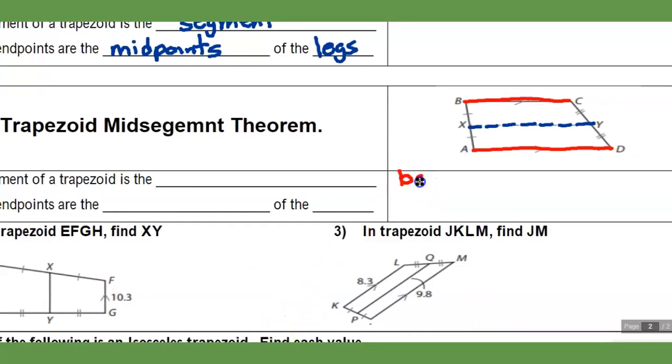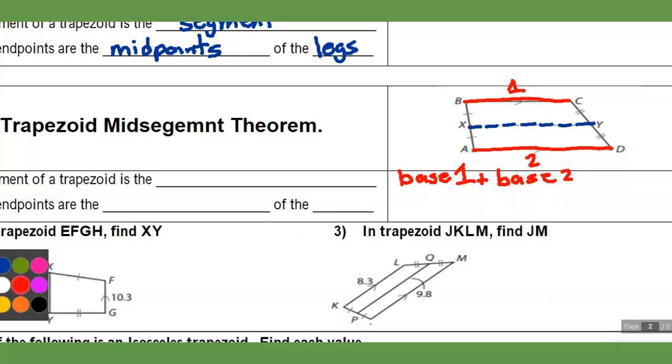So it's kind of like this: base 1, right up here, base 2 down here, add them up, okay, and divide by 2. And that will equal the length of the mid-segment.